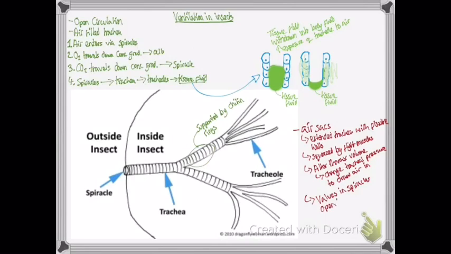Valves in spiracles can be opened and closed within the thorax, causing air to flow from the thorax to the abdomen. So to represent that on the diagram, if we can pretend this is our thorax, which it's probably not, just pretend it is. At the moment it's quite wide. What the insect can do is, by flying, by contracting this thorax, decrease the size of the thorax.